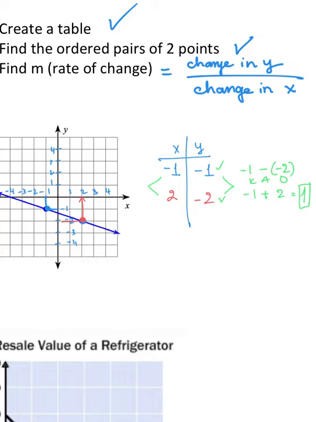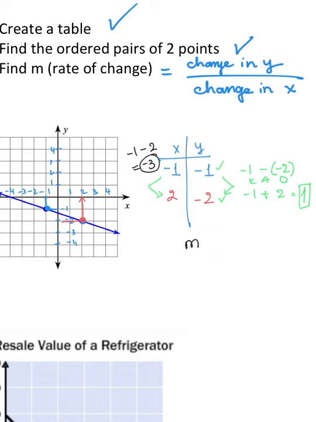So the change in y will be 1. Earlier I did top subtract the bottom, so for x I'm going to do top subtract the bottom as well. The top is -1, subtract the bottom, 2. -1 minus 2, I have -3.